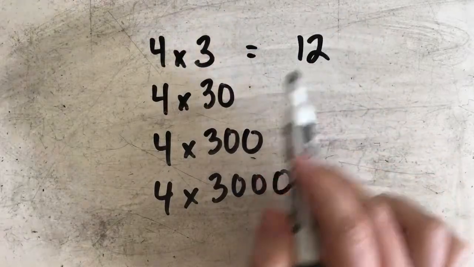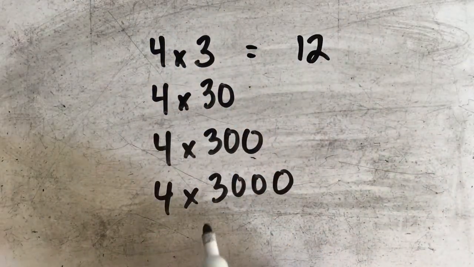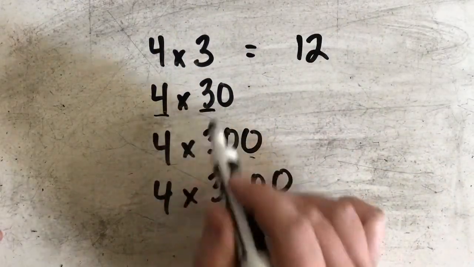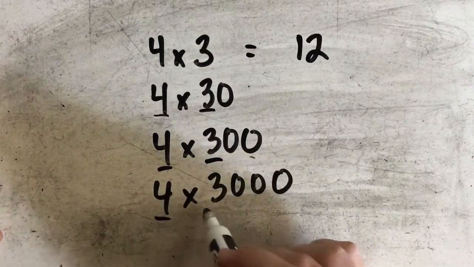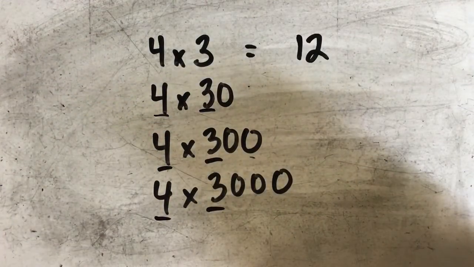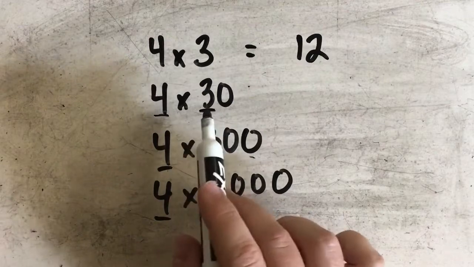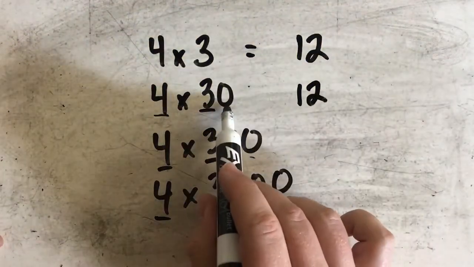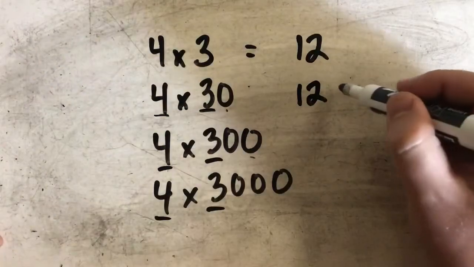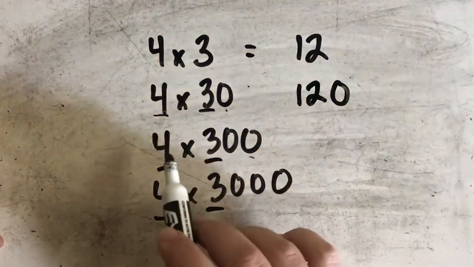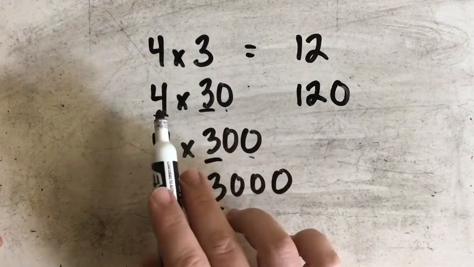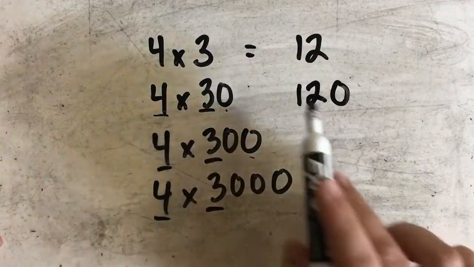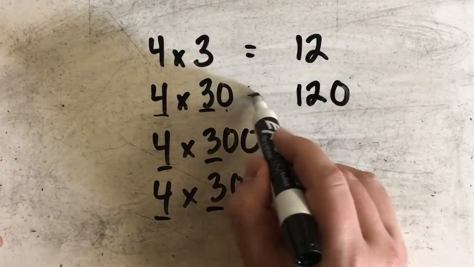That's going to be true for all of these, because you'll see that 4 times 3 appears in each one of those numbers. But since I have a 0 here, I need to include that 0 in my answer. So 4 times 3 is 12, but 4 times 30 would be 120.